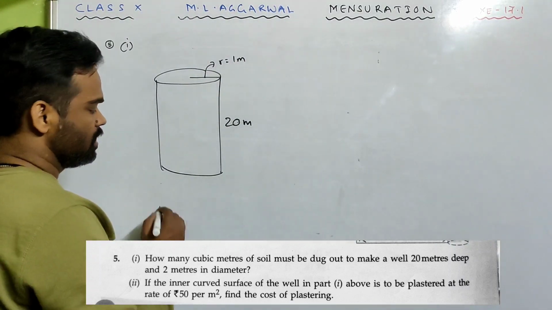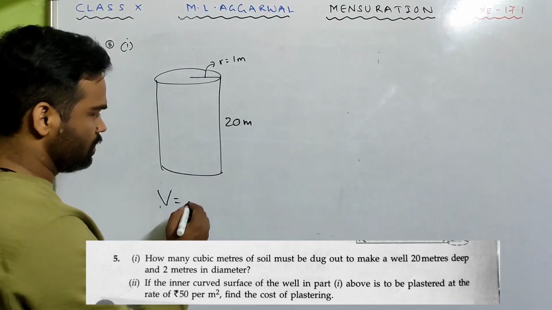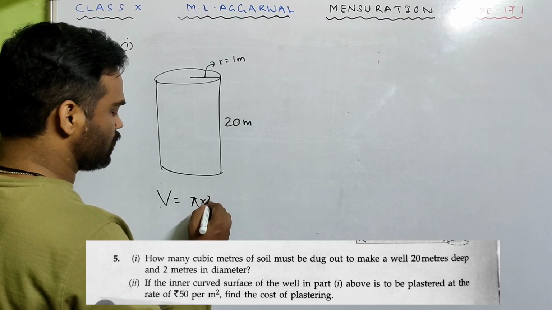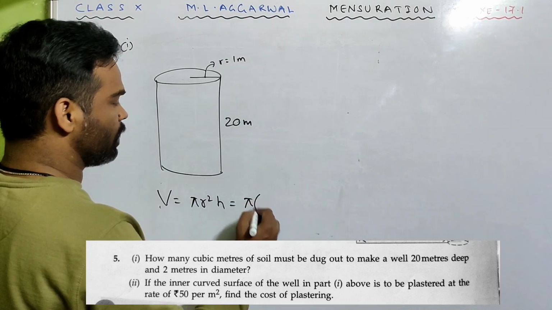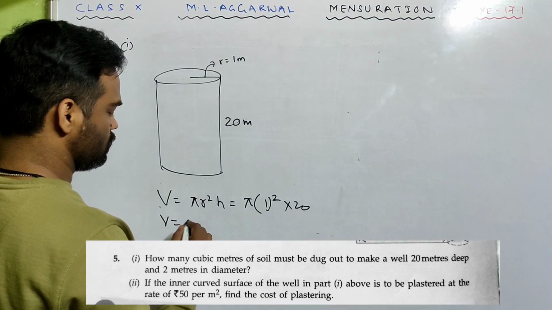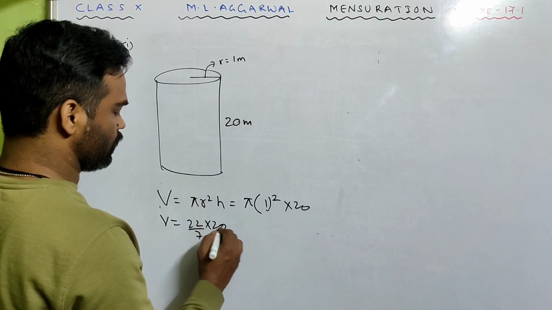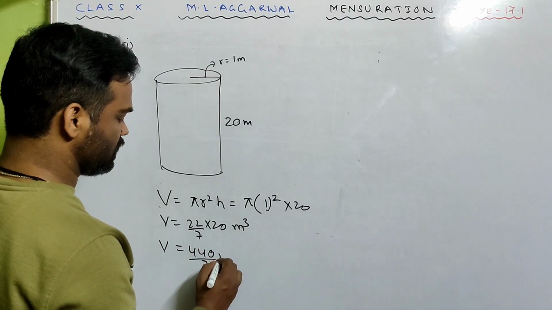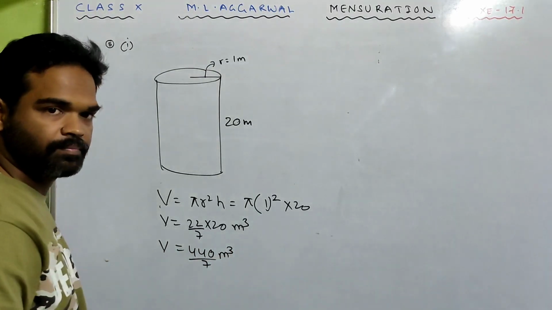Which means volume of this well, which is in the shape of a cylinder, pi r square h. Just substitute the value pi r square h. That's 22 by 7 into 20 meter cube. That's 440 by 7 meter cube, isn't it?